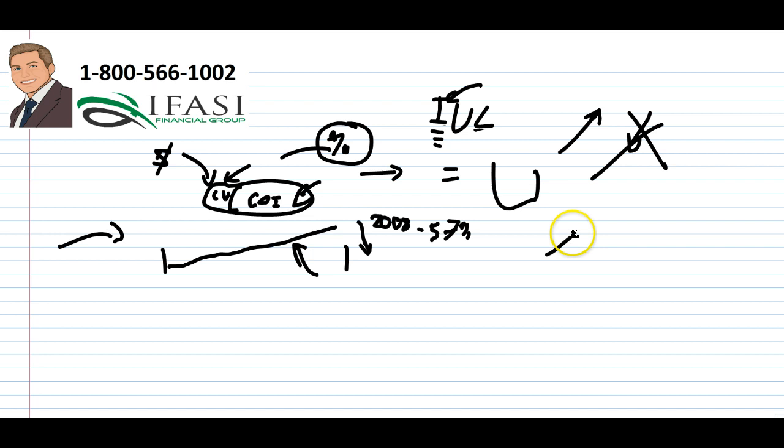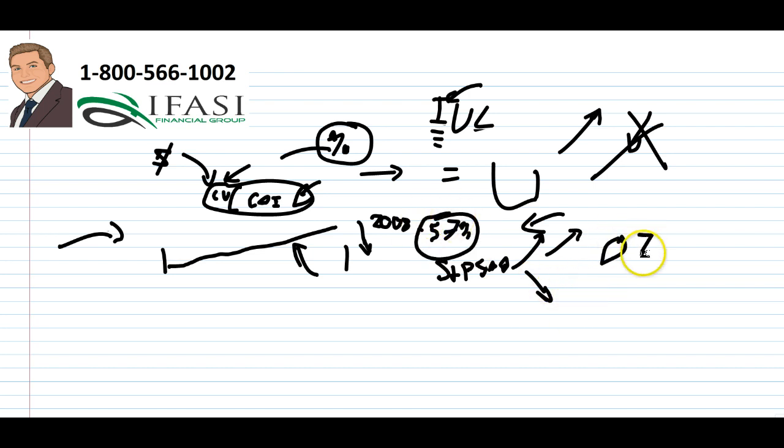So in years that index that you choose, and typically it's the S&P 500, 90% of the time it's the S&P 500, which is just a benchmark index, anytime the S&P 500 goes up, you're going to receive a credit into your account. Anytime the S&P 500 goes down, like it did almost 57% in 2008, you'll receive a credit of 0% to your account. So you're receiving very favorable growth rates and very consistent growth rates on your cash value account.